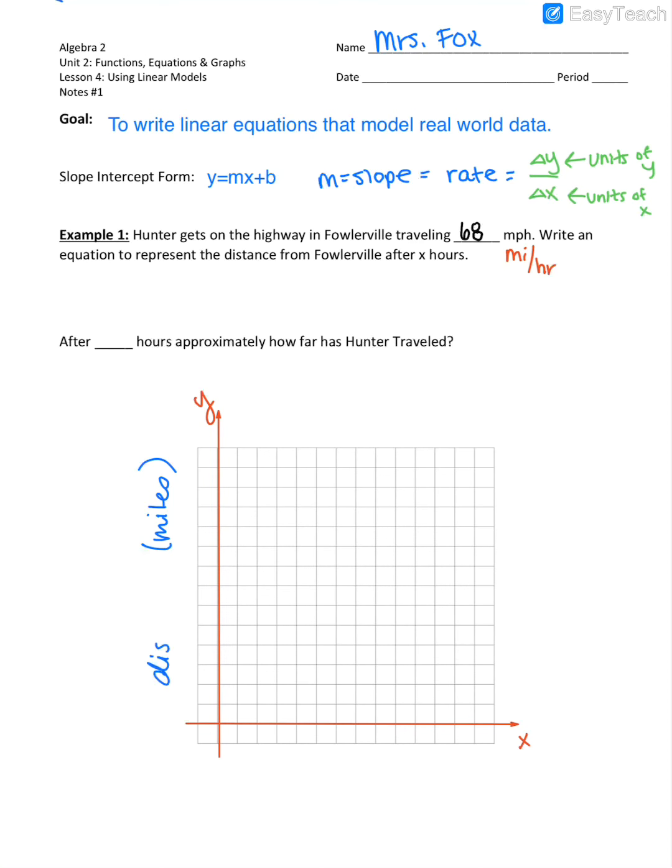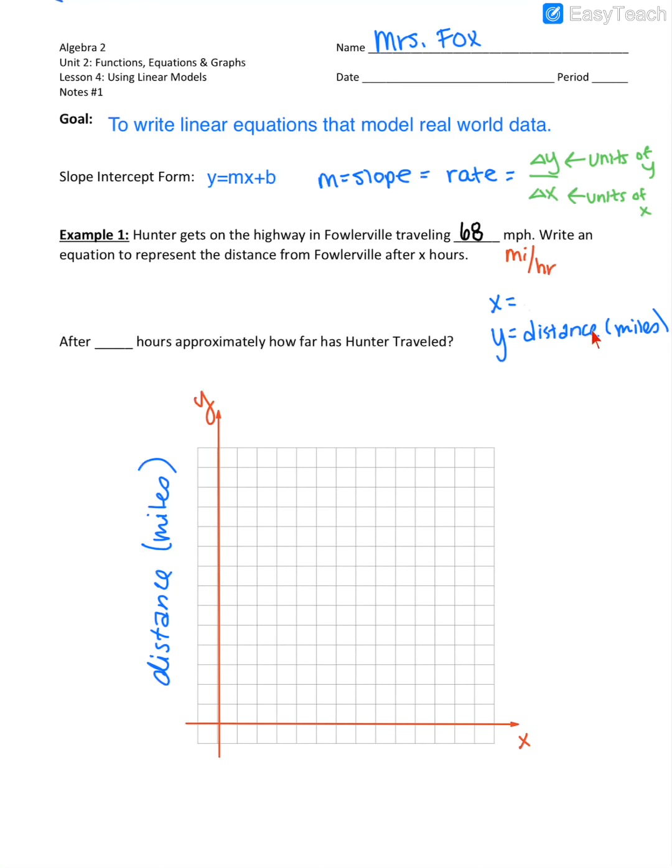Well, what are you measuring if you're measuring miles? You're measuring distance. So when we go to do this problem, we have to start by defining the variables. We need to say what x equals and what y equals. My y equals the distance, and it's measured in miles. That's how we write it when we define variables.